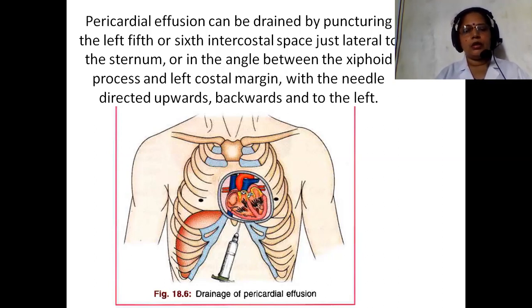So these are the clinical importance of the valves of the heart, and clinical importance of the anatomy of the heart. Again, we will discuss in detail during the blood supply of the heart, like myocardial infarction, heart attack. Then it is having again a part mild, moderate, and severe. What is thrombosis?